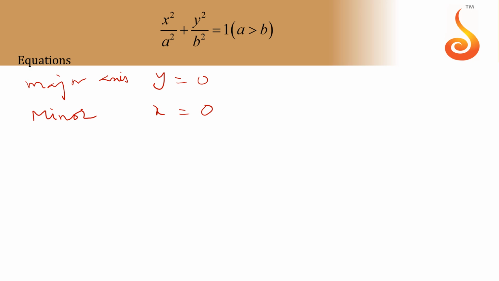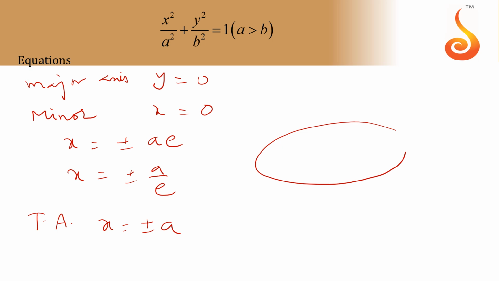Then the equations of latus recta: x equal to plus or minus ae. The equations of directrices: x equal to plus or minus a by e. So what are the tangents at vertices? The tangents at vertices will be x equal to plus or minus a.